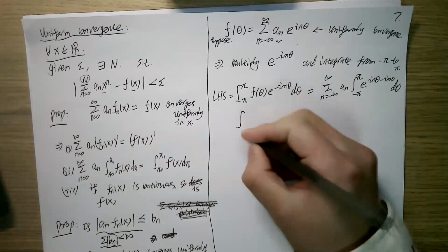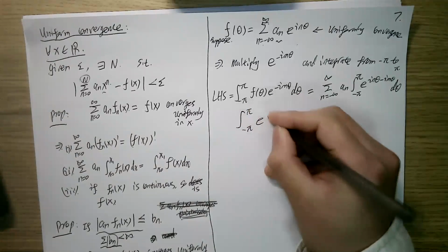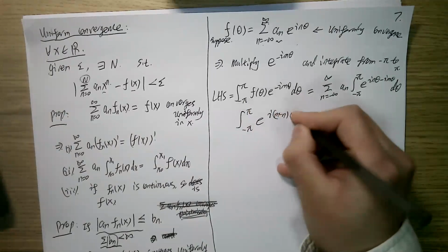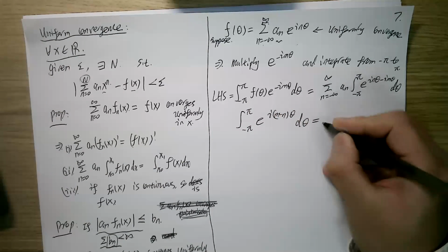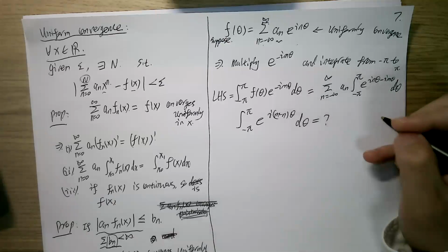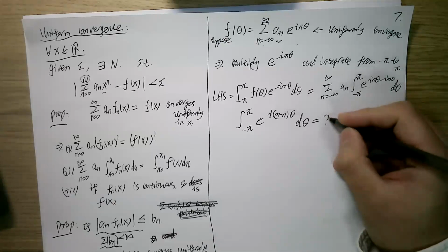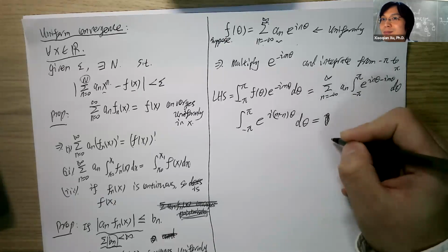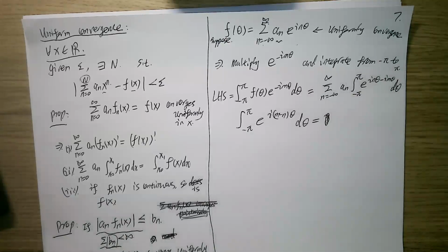e to the power of i times n minus m times theta, and then divided by i times m minus n, and then we plug in pi and minus pi and subtract. Then what's that? What can you see if you plug in pi and minus pi?